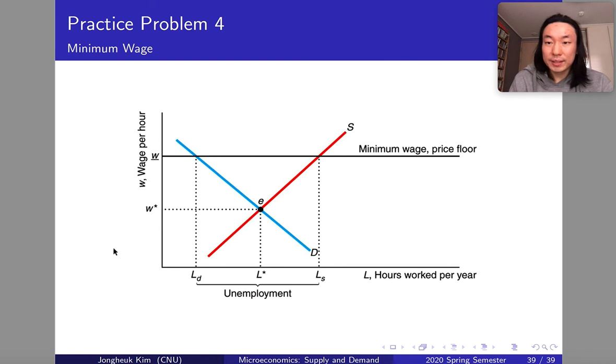Without minimum wage, the equilibrium price or equilibrium wage will be W star. And the equilibrium quantity of labor, which means the number of people employed, is L star if there is no government. But the government believes that W star is too low for the employed.